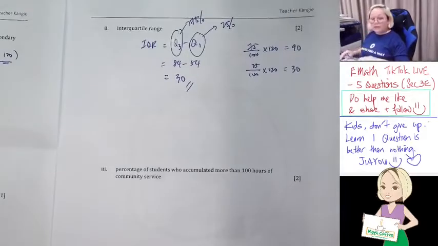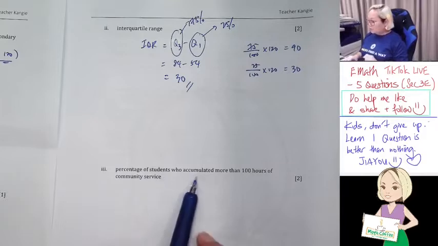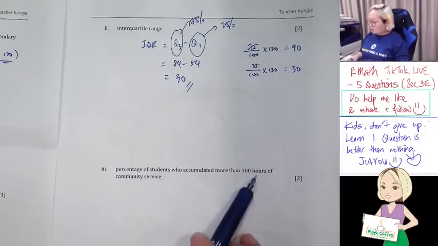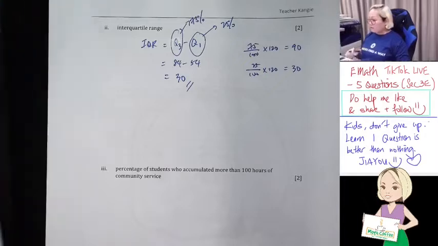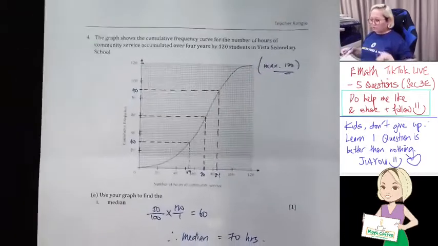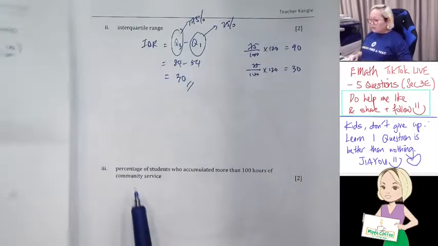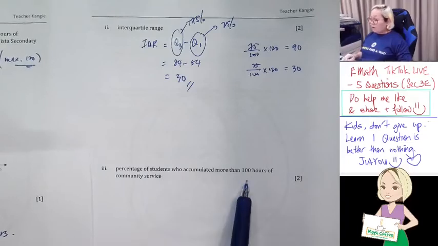Second last question. They say, find the percentage of students who accumulated more than 100 hours of community service. This one, be careful. It is a very common mistake that students make.